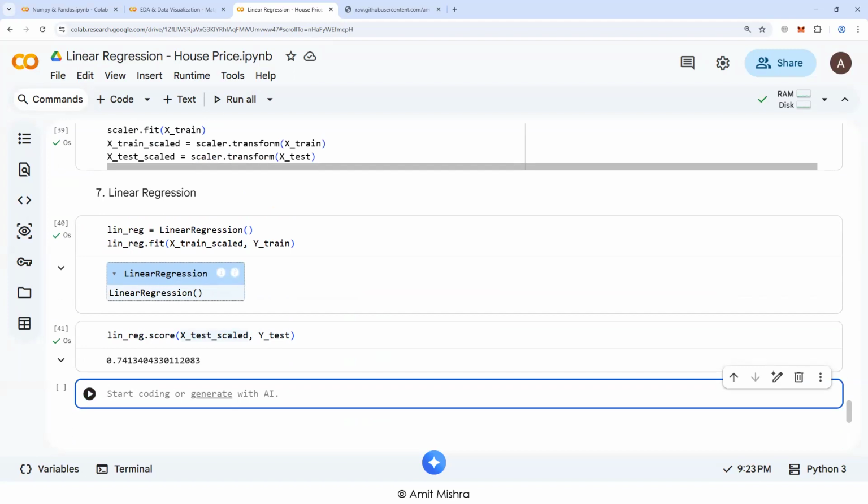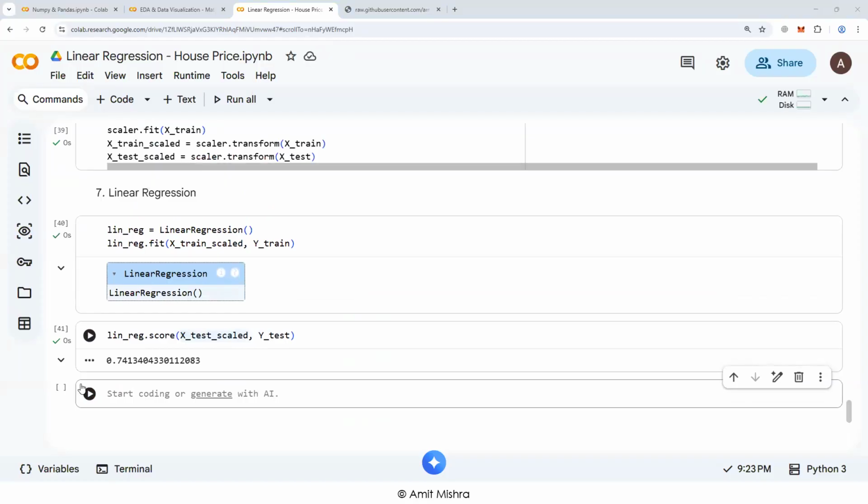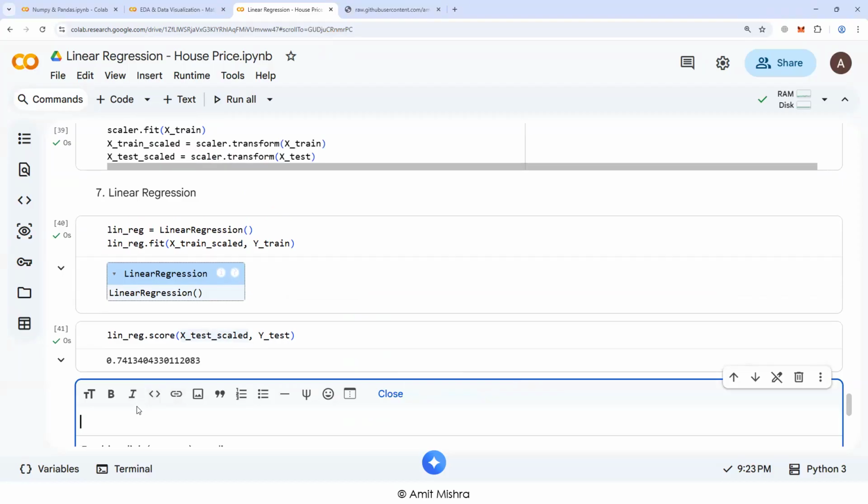This is one of the metrics. Now, do not get confused. This is not accuracy. This is R squared value. This score is not accuracy value. This is R squared value, which is basically represented as coefficient of determination.